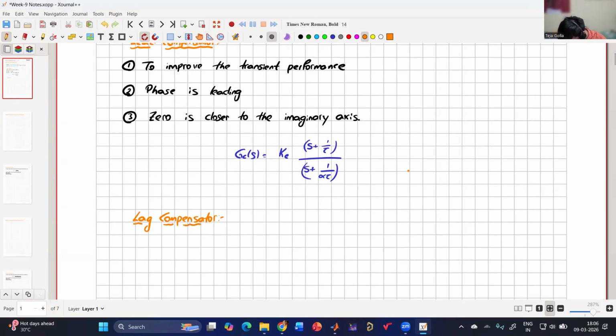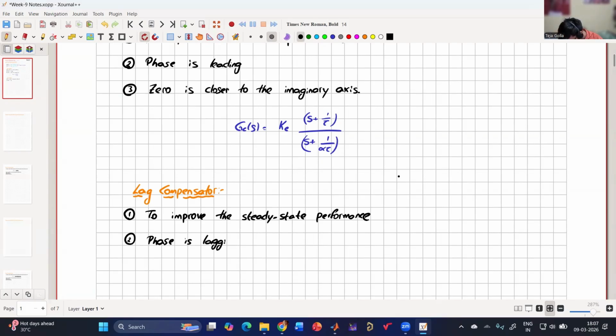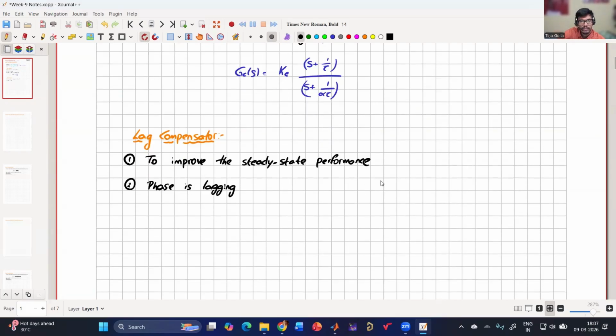How is it going to be different in this case? Here we are trying to improve the steady state performance. Second, phase is lagging here, meaning negative. Third, here the pole is closer, because first the phase will start dipping.